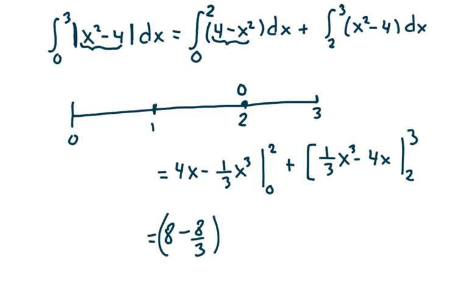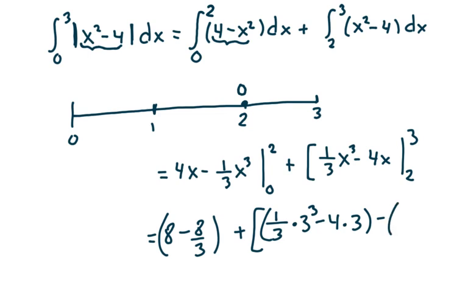So we took care of the first one. Put 3 in for x. We get 1/3 of 3 cubed minus 4 times 3. Put 2 in for x. We get 1/3 of 2 cubed minus 4 times 2. That's a times, by the way.